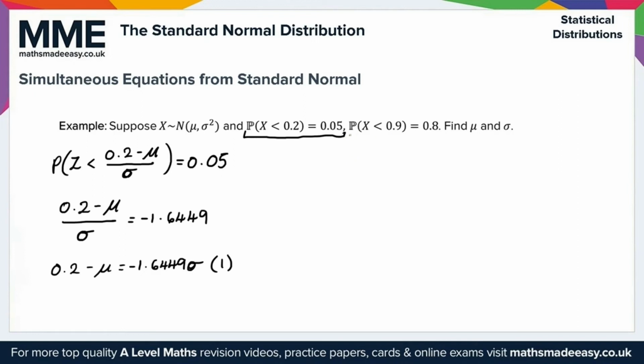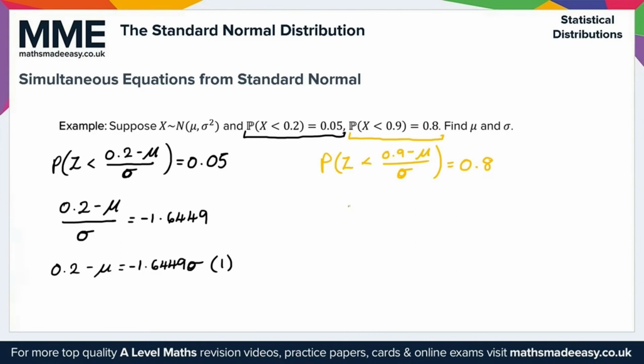So now we're considering the probability that x is less than 0.9 is equal to 0.8. So in that case then, using the same definition, we can write the probability that z is less than 0.9 minus mu over sigma is equal to 0.8. And again, we just use the percentage points table.